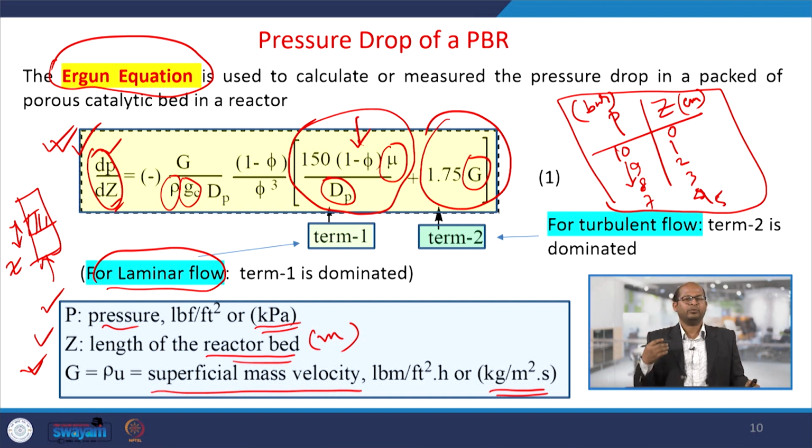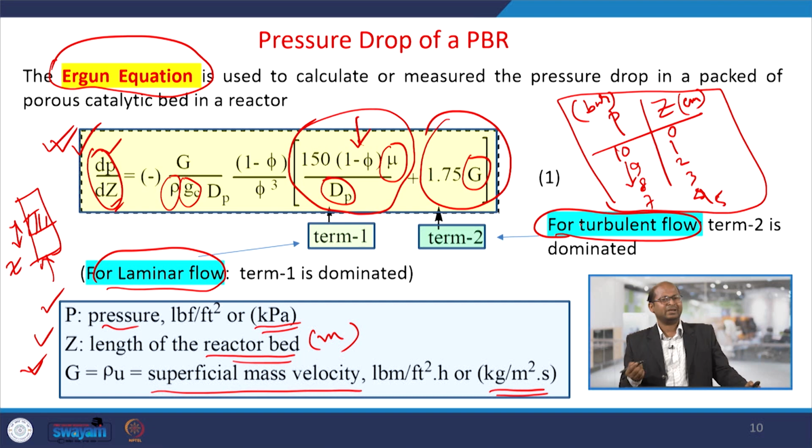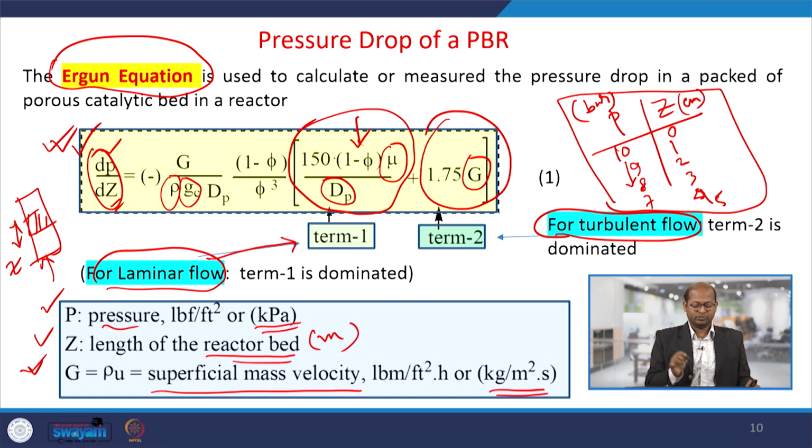We have studied in fluid dynamics that flow may be either turbulent or laminar. If the flow is laminar, term 1 dominates and we can neglect the other part, and if the flow is turbulent, we should consider that part, which would dominate.